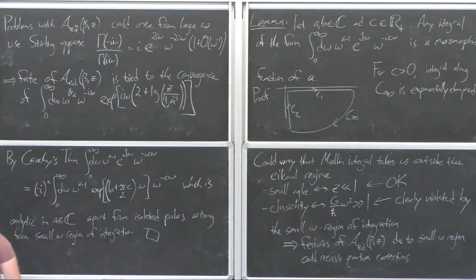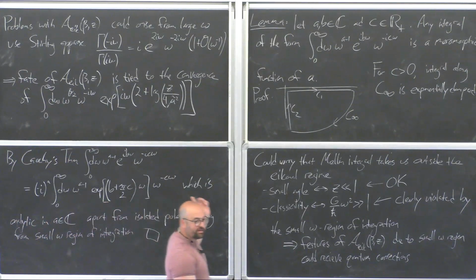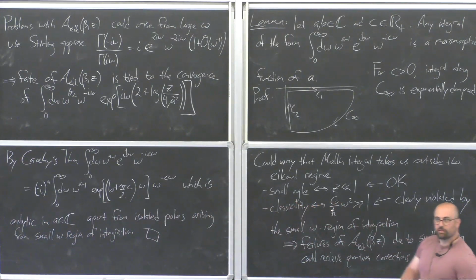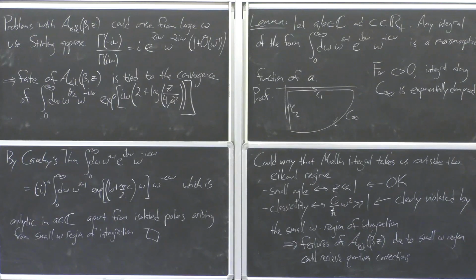Okay, so what we've proven is that this integral converges to a meromorphic function in a. And this is exactly what we wanted, right? a is playing the role of beta in this general family of integrals.